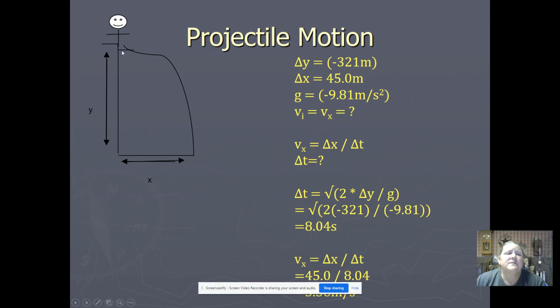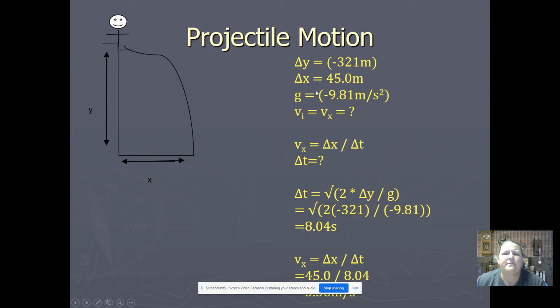So delta y is negative 321 meters. It lands 45 meters away from where you're standing, just way, way down. Gravity, 9.81 meters per second squared, is negative because it's going down.